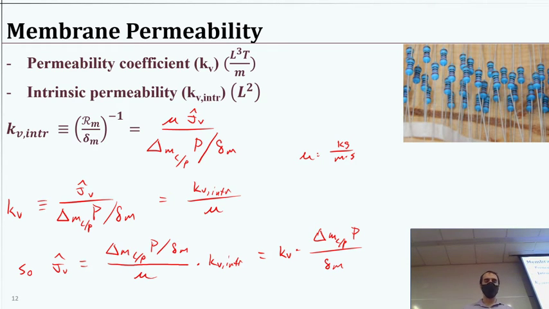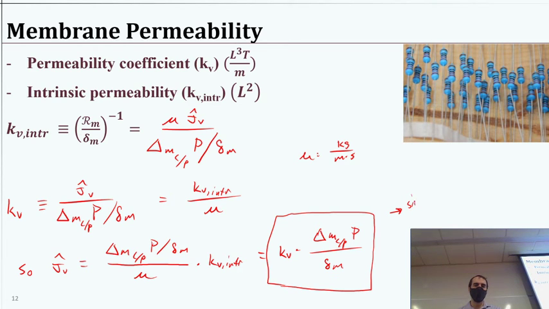This is a different way to look at the flux, and we essentially accounted for the mu by putting it in these terms. That's potentially useful, and it turns out this is fairly similar to Darcy's law for flow through porous media.